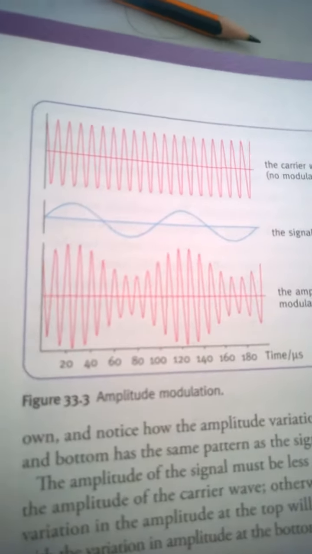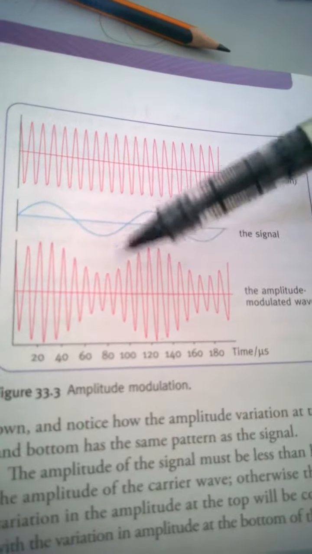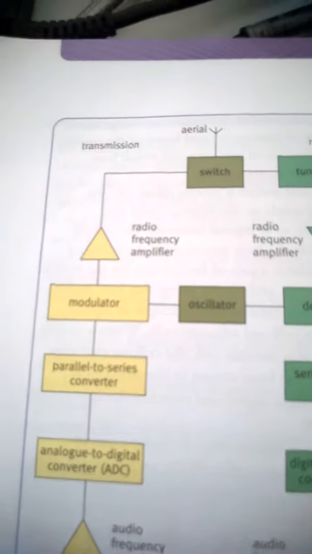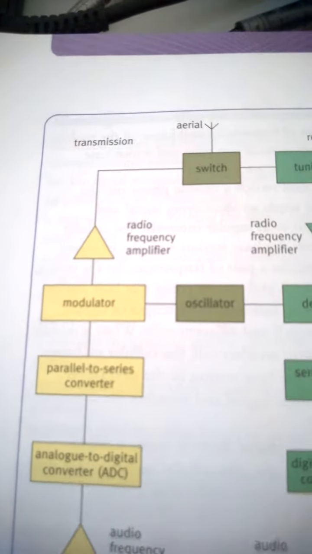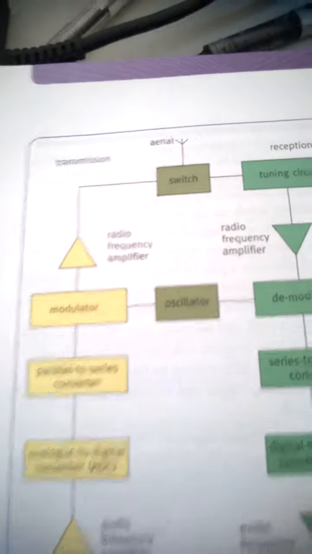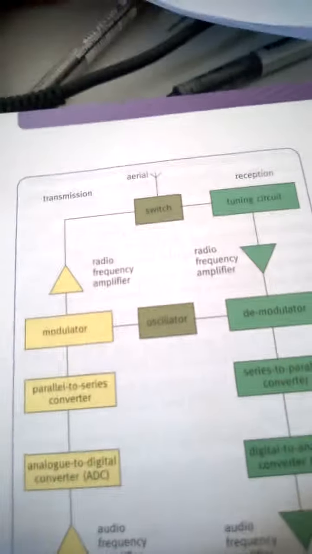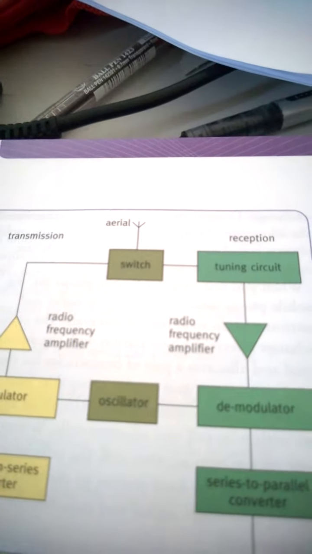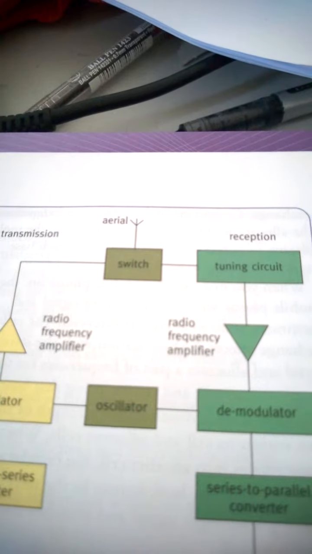So this is a carrier wave, and with the modulation, we get the modulated wave, and that is going to be amplified by the radio frequency amplifier, meaning that the frequency is going to be increased by a very large factor. The switch switches between radio frequencies, and it transmits data.